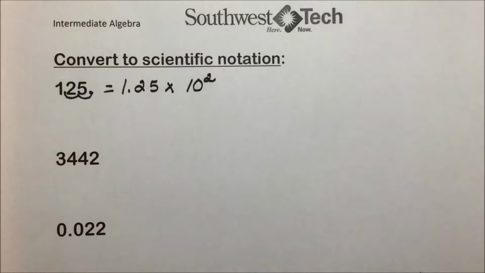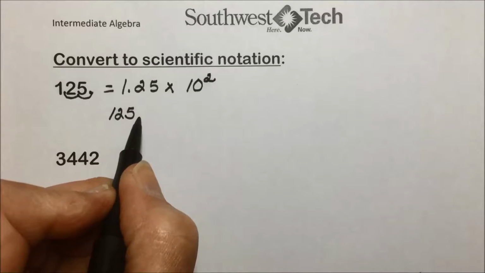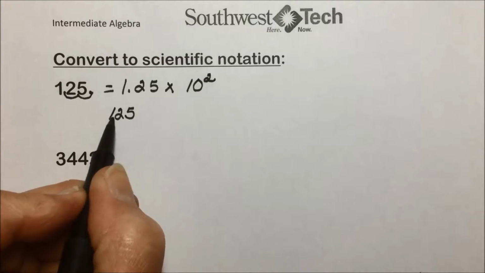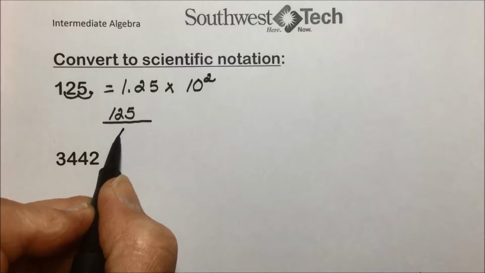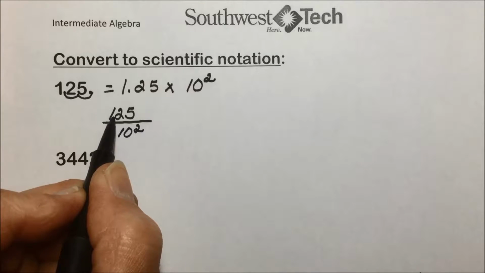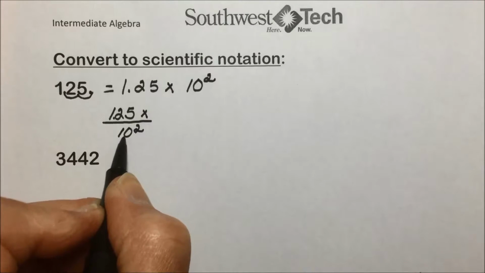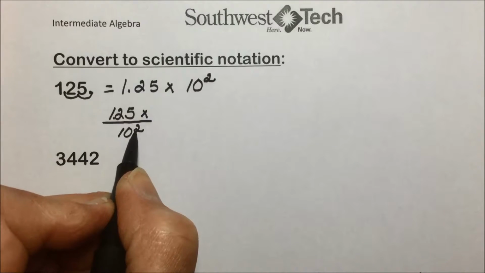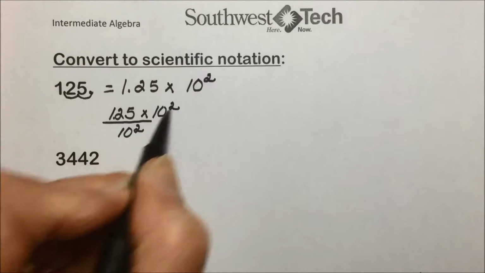Now we could think of this another way of simplifying this. To get the decimal there in 125, we would have had to divide by 10 to the second power. In other words, divide it by 100 to get our decimal there. But to maintain equality, since we're dividing by 10 to the second power, we would have to multiply by 10 to the second power.